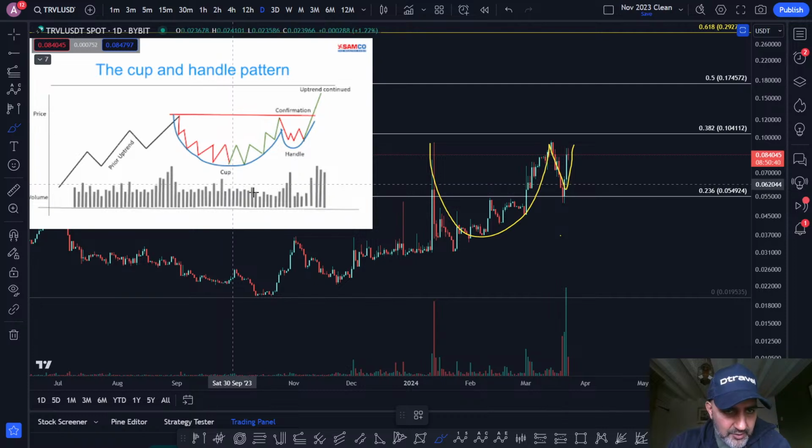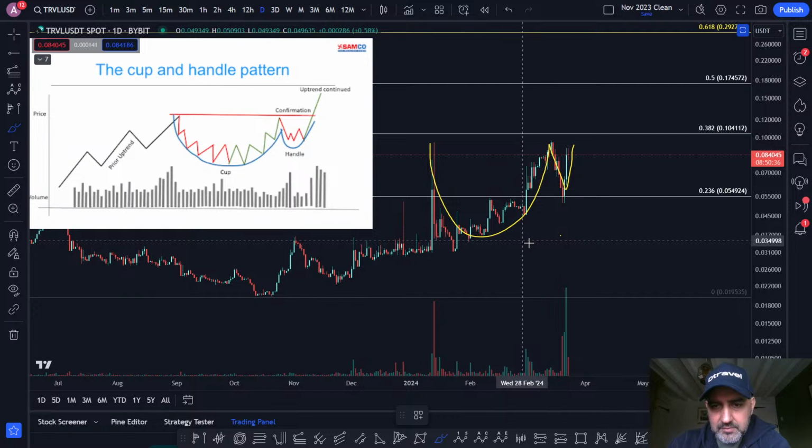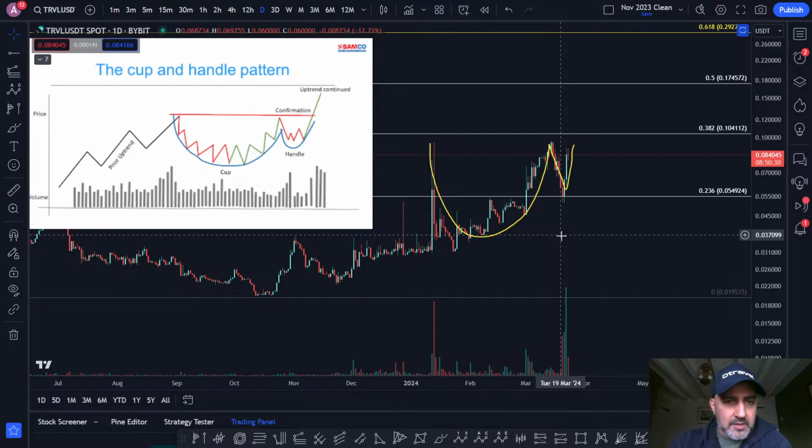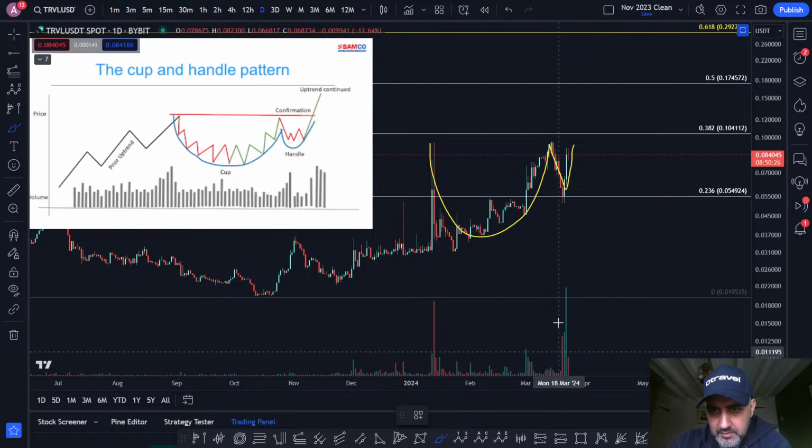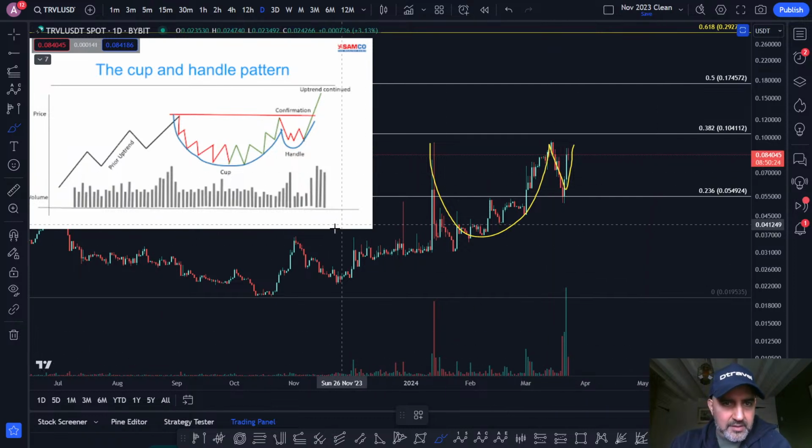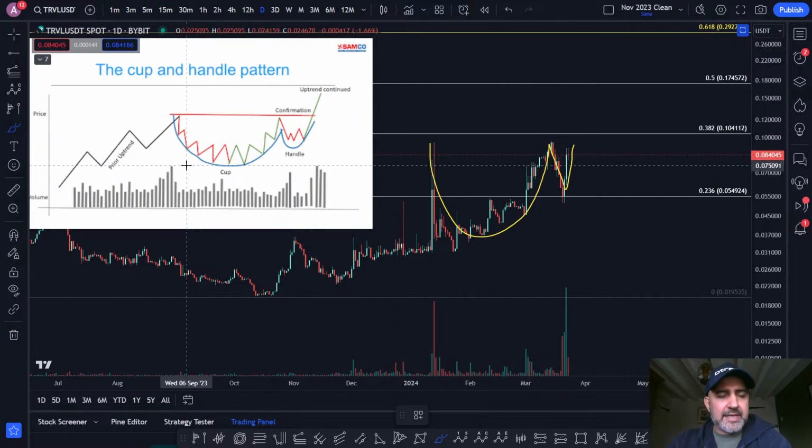You have increasing volume somewhere, maybe here, I don't know exactly where. Then as the price descends, you have decreasing volume. Well, we had decreasing volume here. And as the price ascends, again, you have increasing volume. So volume plays a part in identifying the effectiveness of this pattern.